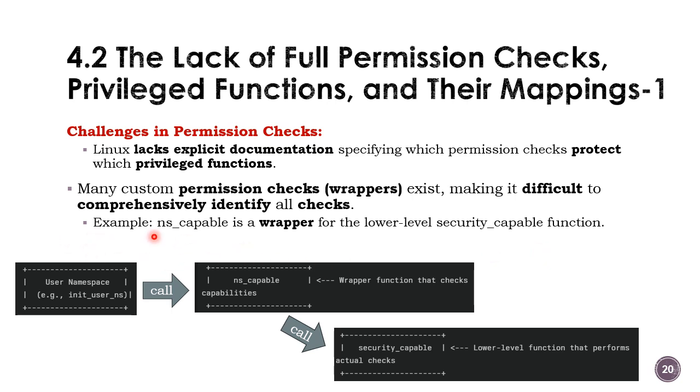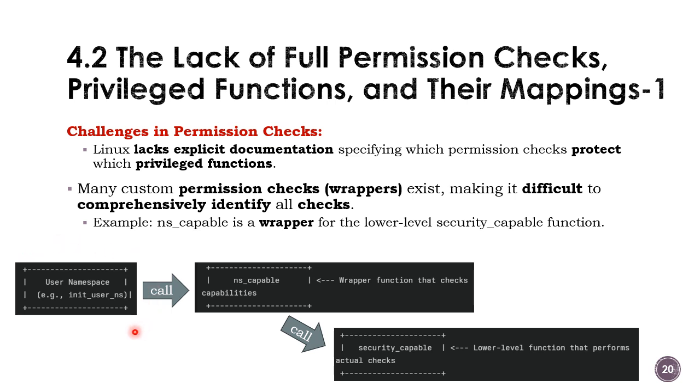Here we have an example. There's a function called ns_capable. This is a wrapper for the lower level security_capable function. This low level function actually does the job of doing the permission checks. Here we have a flow chart.